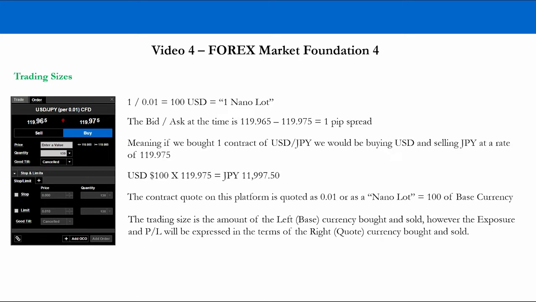So the bid ask at the time in this situation is 119.965 to 119.975. So this provides a 1 pip spread to the Forex pair dollar yen. So if we bought 1 contract of dollar yen, we'd be buying US dollars and selling yen at a rate of 119.975. So we buy at this price and sell at this price.